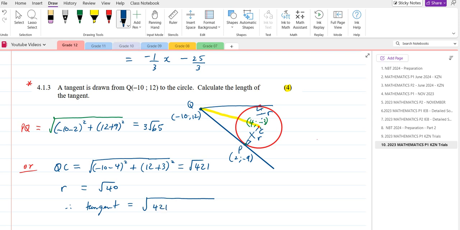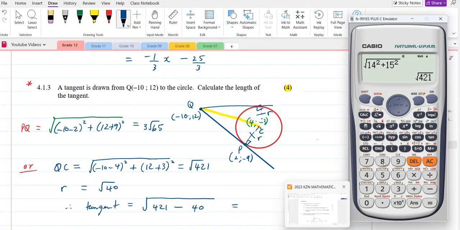square root of 421 squared minus square root of 40 squared, which is 40. So I'm getting square root of 421 minus 40.